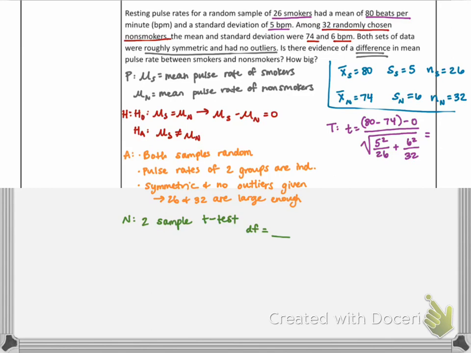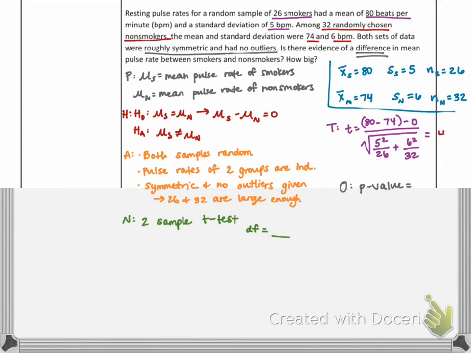My calculator tells me the test statistic comes out to be 4.15, with a p-value of 1.12 e negative 4, meaning move that decimal place 4 to the left. And the degrees of freedom says 55.9. I'm just going to call that 56.